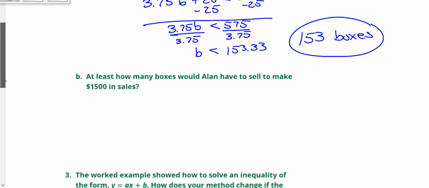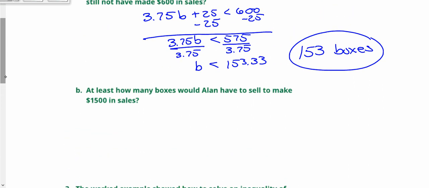Now, at least how many boxes would Alan have to sell to make 1,500 in sales? Here's where the "at least" comes in, whereas before it was no more than 600 in sales. So now we want to make more than 1,500. Again, we use that 3.75b plus 25, and we want it to be greater than or equal to, because in this case we're happy if it's 1,500 as well.